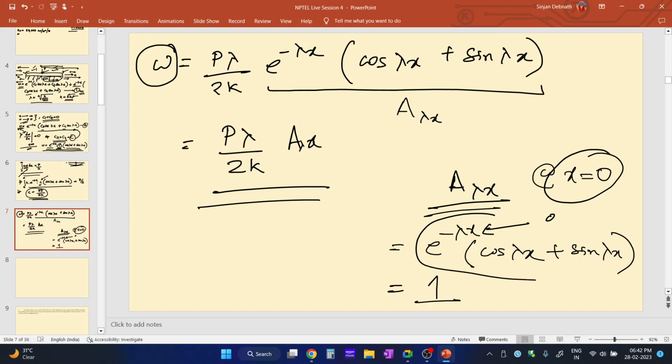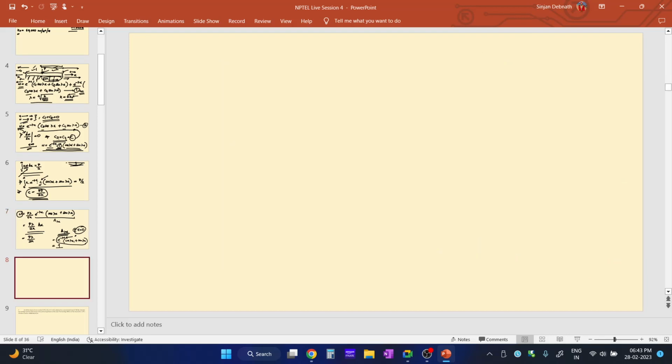This A lambda x will be equal to 1. Fine. So that means the deflection at x equal to 0 will be p lambda by 2k. We know p, we need to find out lambda and k.